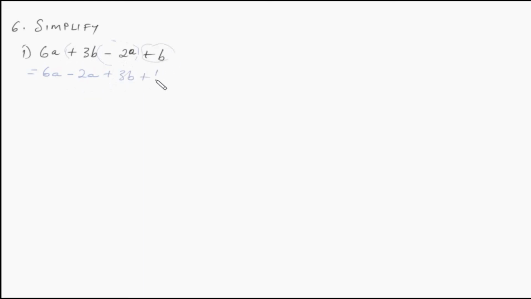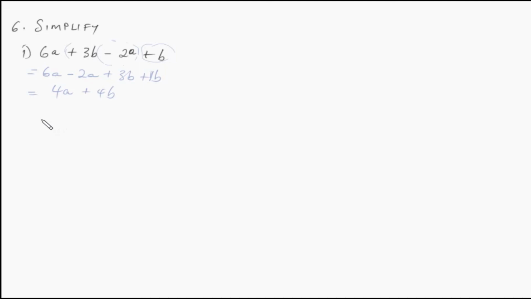You group them, plus b. So you have a's and b's. Now simplify. 6 minus 2 will be 4. 4 what? A. 3 plus 1, there is 1 here. 3 plus 1 is 4. 4 what? B. So this is simplified.